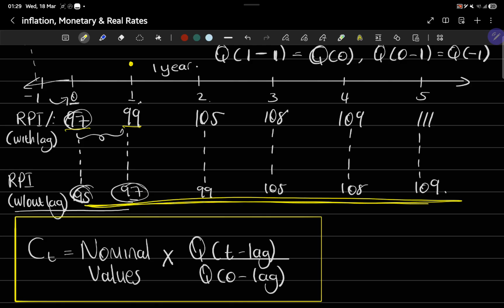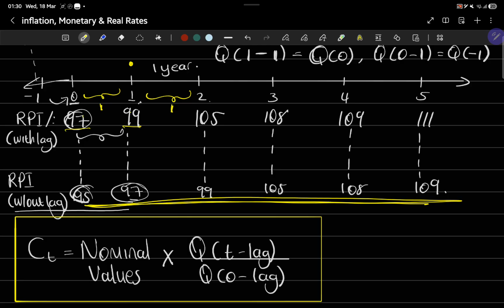This will make it easier for you. T minus lag is basically the inflation index that came before T, if the gap between successive times is the lag, which is 1 year.